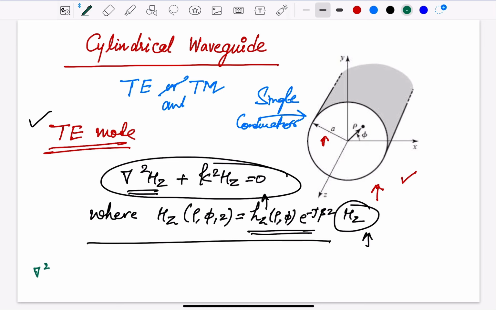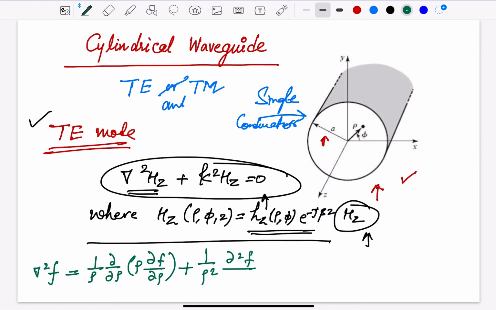For your information, I can write these things here. If you want to expand in a cylindrical coordinate system, it will be like this: 1 upon rho dou over dou rho of rho dou f over dou rho, plus 1 upon rho square dou square f over dou phi square, plus, of course, the last component, dou square f over dou z square.